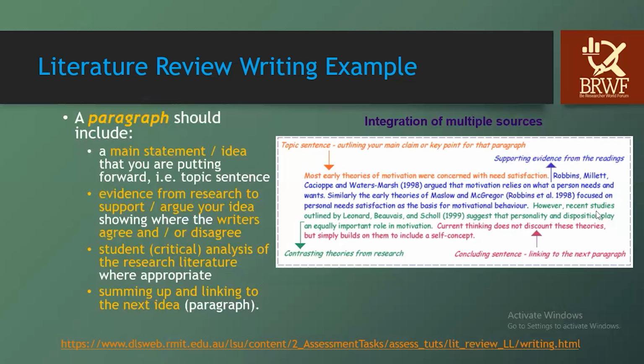However, recent studies outlined by Leonard, Beauvais, and Scholl, 1999, suggest that personality and disposition play an equally important role in motivation. Current thinking does not discount these theories, but simply builds on them to include a self-concept.